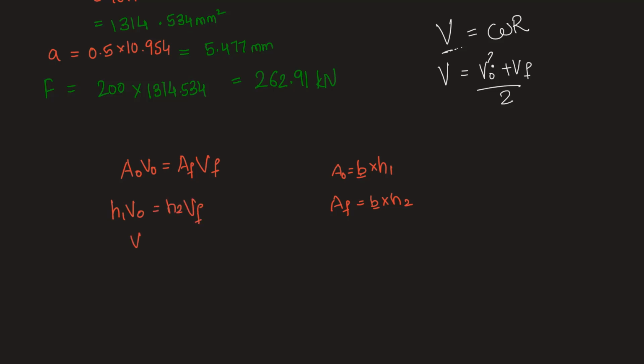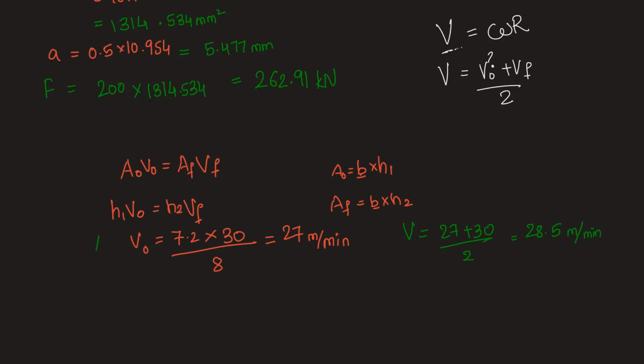From here, V0 is equal to H2, which is 7.2, times final velocity Vf, given as 30 meter per minute, divided by H1, which is 8. This gives us V0 value to be 27 meter per minute. So we can find V from here. V is equal to 27 plus 30 by 2, which is nothing but 57 by 2, 28.5 meter per minute.